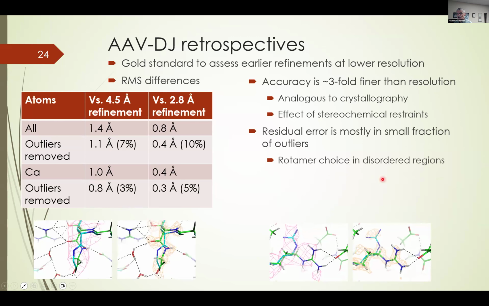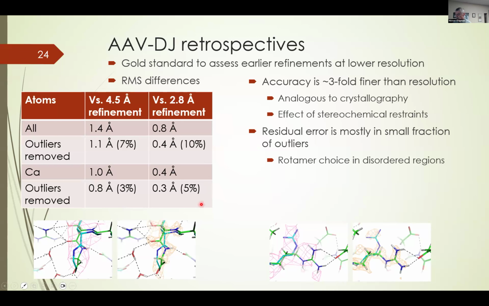The remaining error is mostly in a small fraction of outliers. So in this row and this row here, we're removing up to 10% of the worst differences.